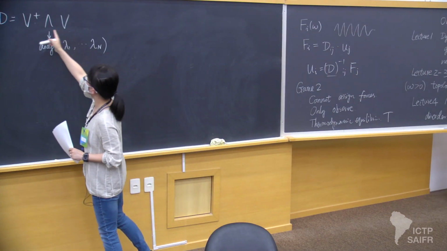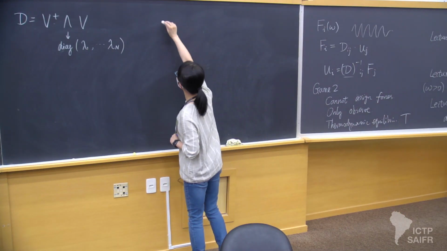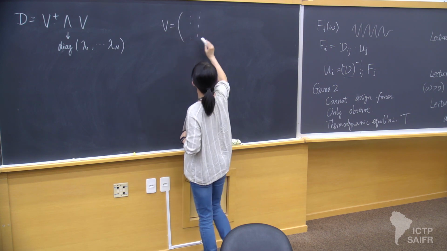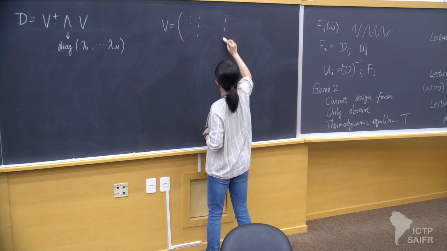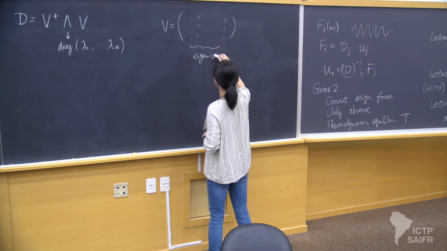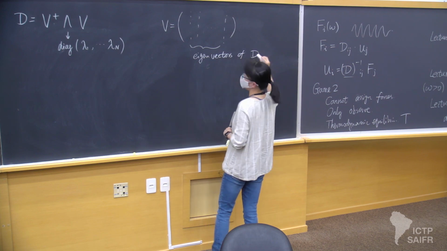And these V are matrices made of the eigenvectors, right? These are all eigenvectors of D, okay?